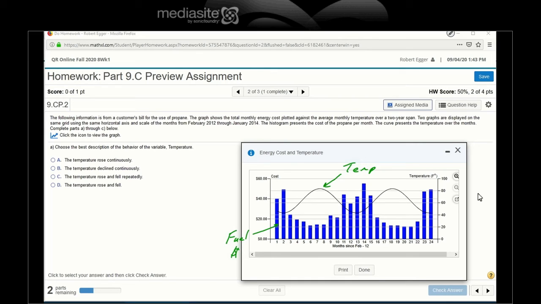Now choose the best description of the behavior of the variable temperature. Does it rise continuously? No, it goes up, goes down. Is it always declining continuously? No. It goes down and goes up. It rises and falls, yes, but more importantly, it rises and falls in a pattern repeatedly.